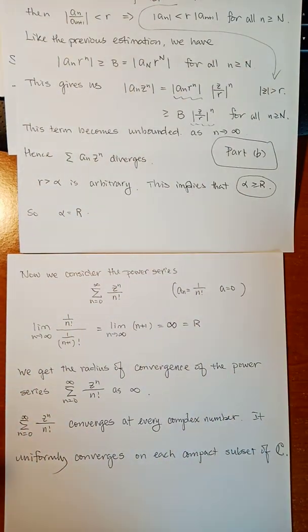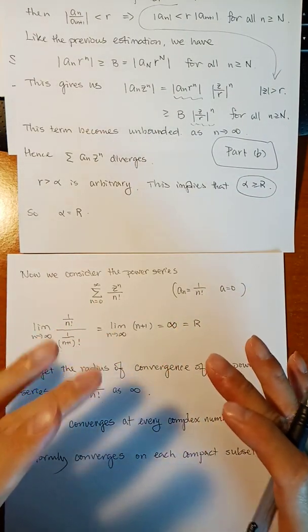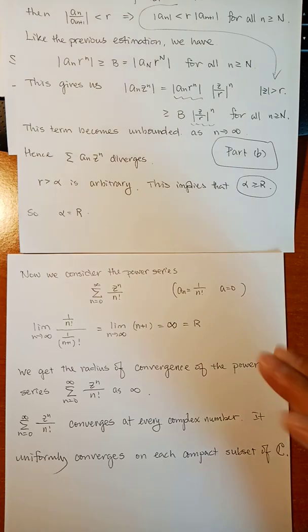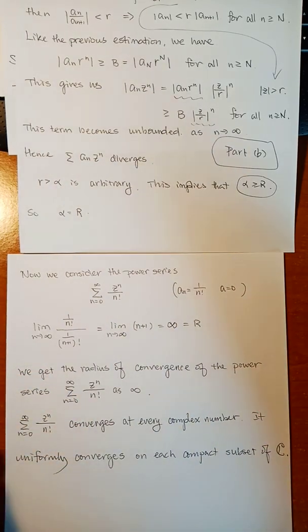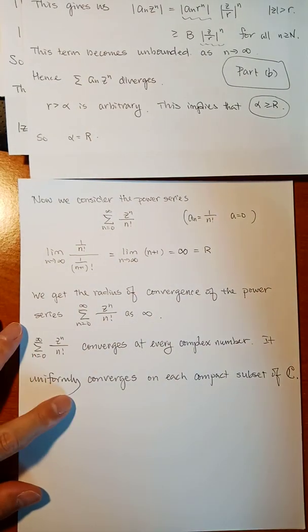On each bounded subset it converges uniformly, because when it is bounded, it can be covered by a closed disk. So that's why it's a uniform convergence.